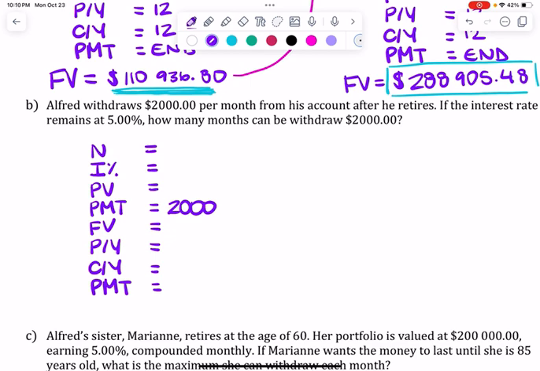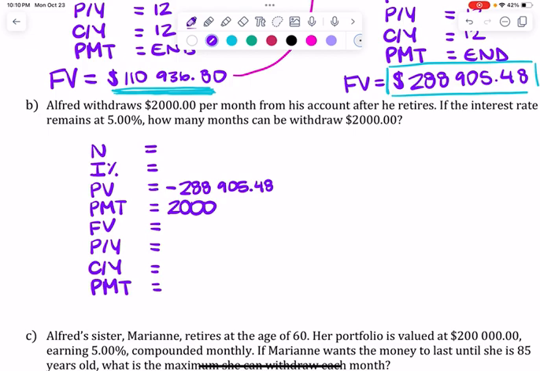It's not an investment. And remember, positive and negatives indicate the flow of that money. And my PV, or Alfred's PV, is going to be that same value from the previous question, that end game value. Now, that money still stays in that bank account because it's still going to earn interest, but I'm just now taking some out every single month.